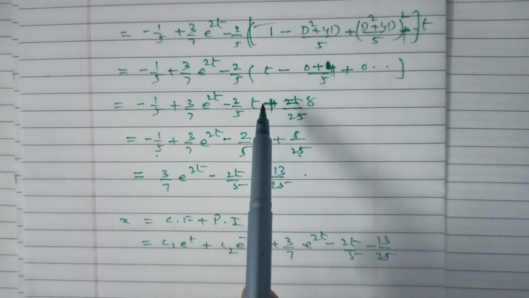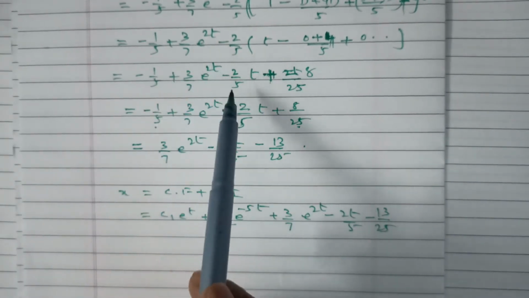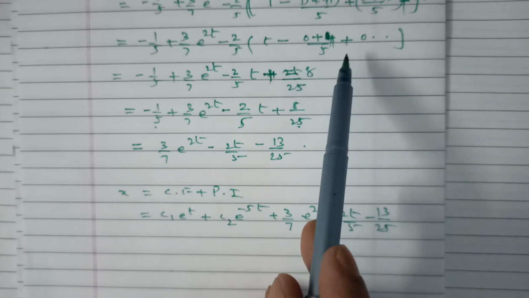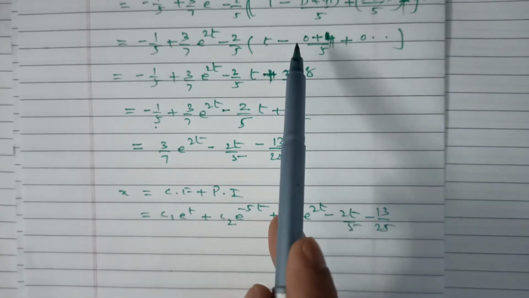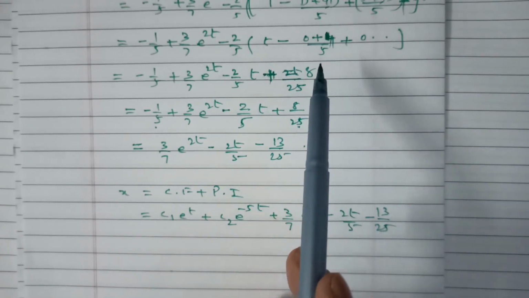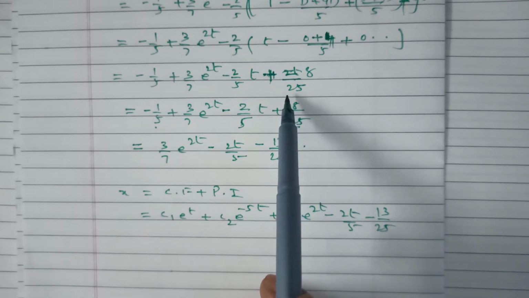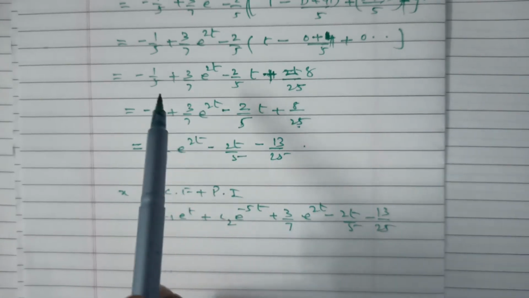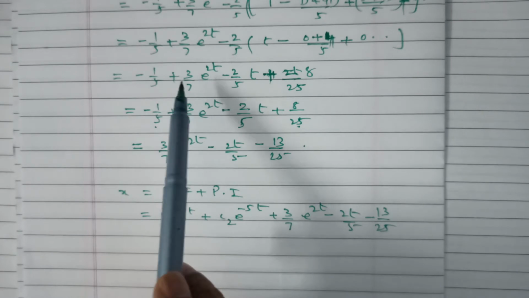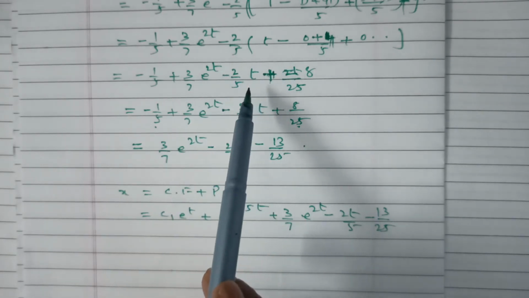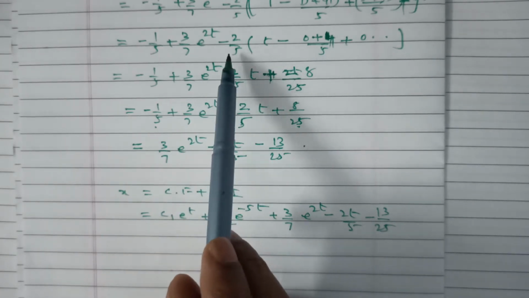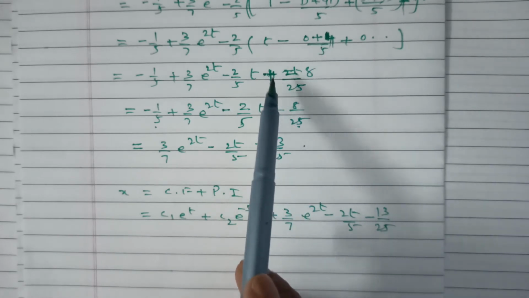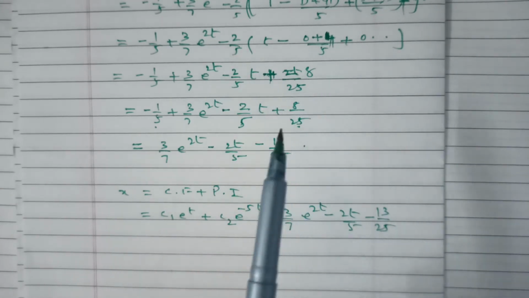Apply it inside, the remaining will be as usual. So minus 2 by 5 into (t plus 4 by 5): multiplying inside, minus 2 by 5 t, and minus minus is plus, 2 into 4 is 8 by 25.